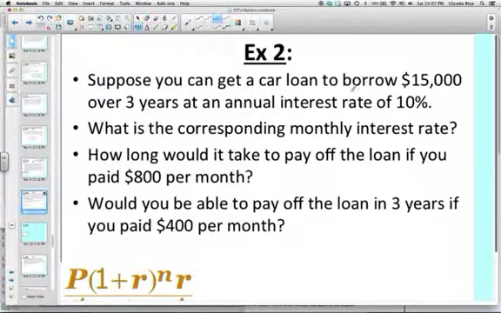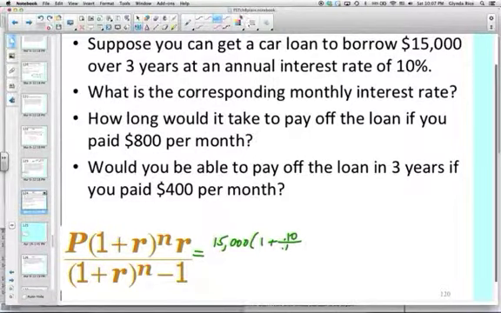So $15,000 times 1 plus the interest rate is 10%. No decimal point there. That's 60 payments, and then again times 0.1 over 12.